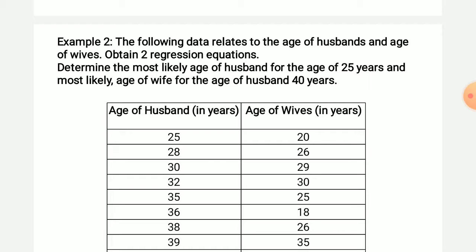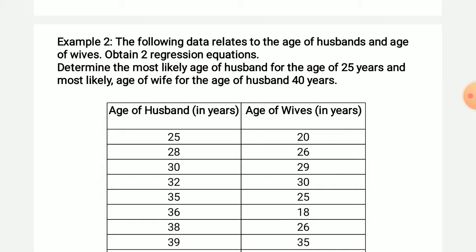We can predict the most likely age of husband, x, when the age y is given as 25 years. And also we can predict the most likely age of wife when the age of husband x is 40 years.